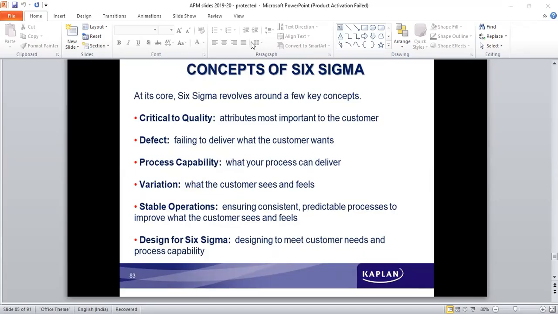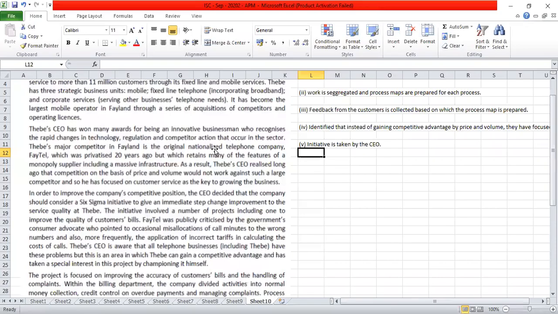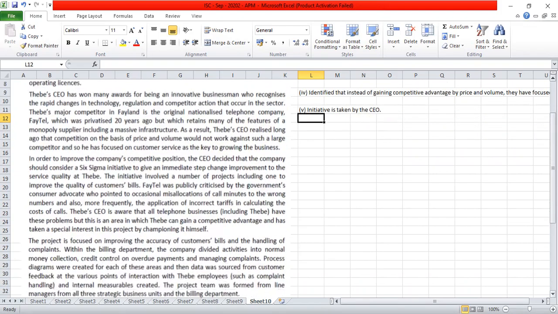Their capability from their side. Previous year, somewhere all telecom businesses, including Thebe. If we identify anything else, we will write.